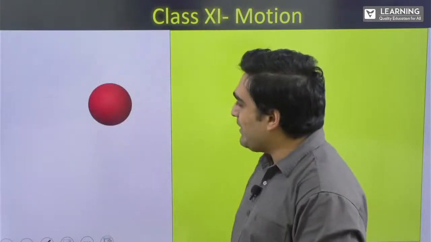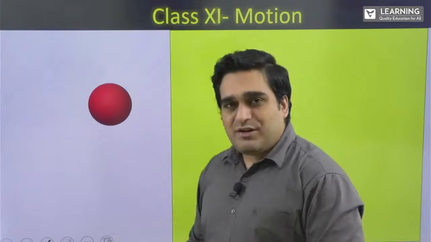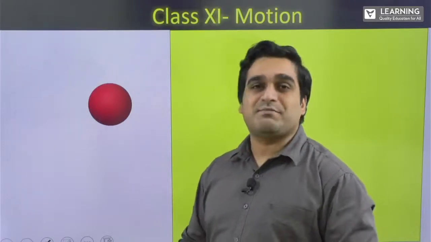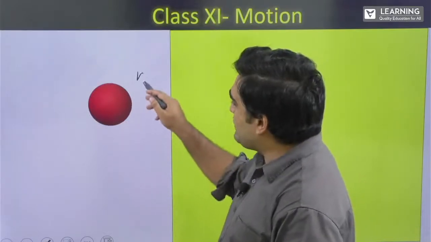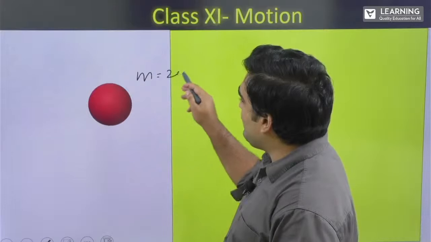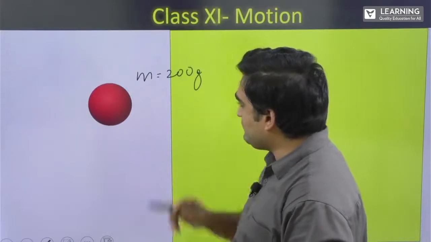Assume that this ball has a certain mass. Any object which occupies space has a mass. So let this ball have a mass m equals 200 grams. Now, to specify a mass, do I have to point out what direction the mass is?